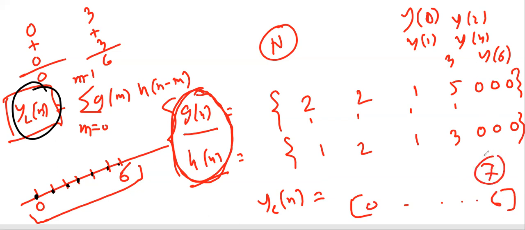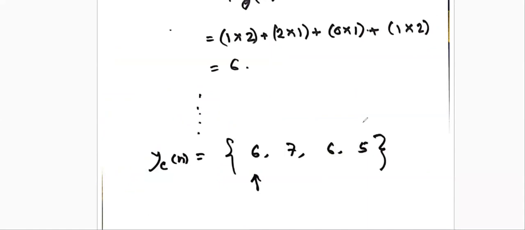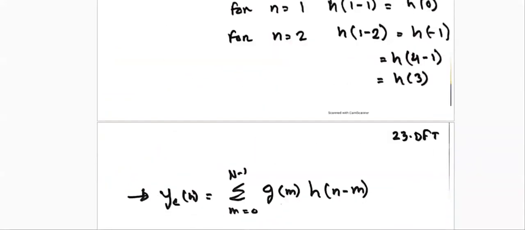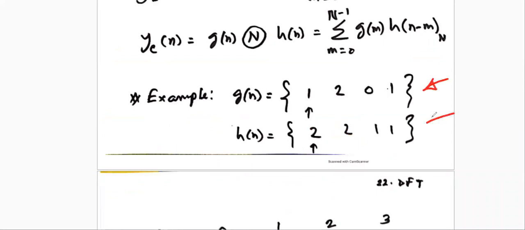So this is your task. With this example, take this Gn and Hn as your input. If these are the inputs, do the linear convolution by using the circular convolution.